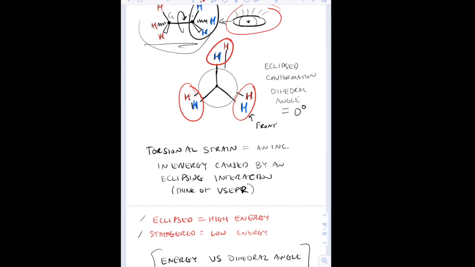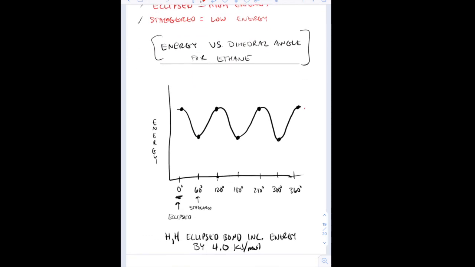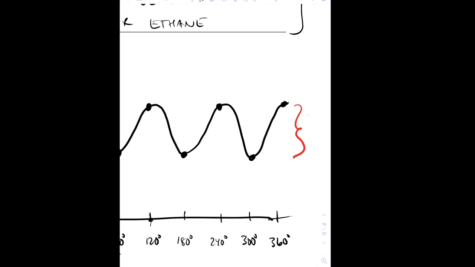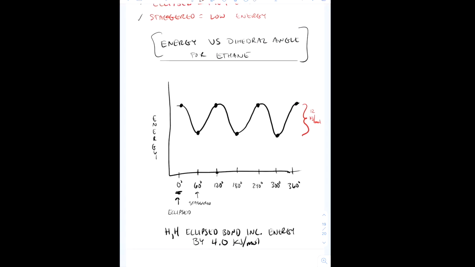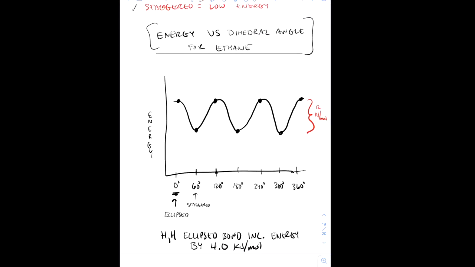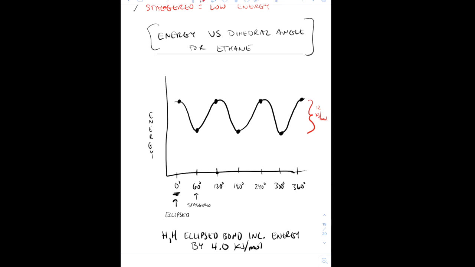Since we have 3 of them, this entire energy difference is 4 kilojoules per mole times 3, so that's 12 kilojoules per mole, because we have 3 eclipsed bonds. That's the energy difference between this energy minimum and the energy maximum.